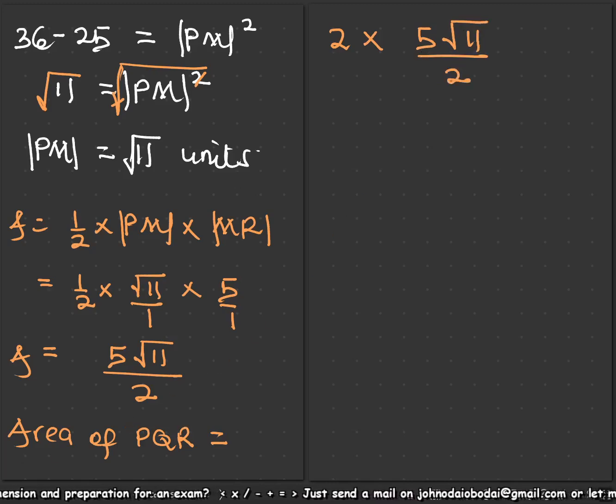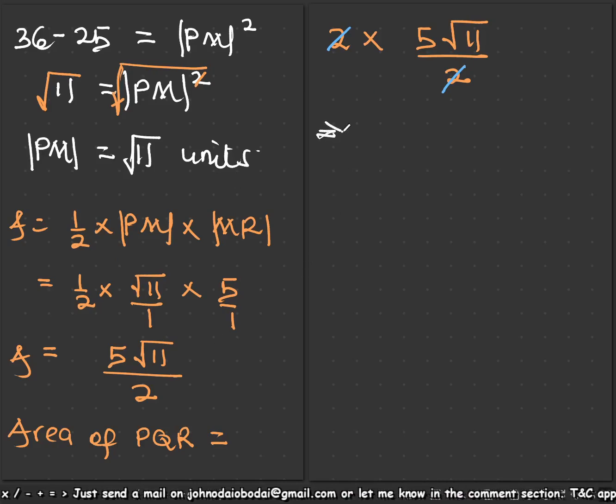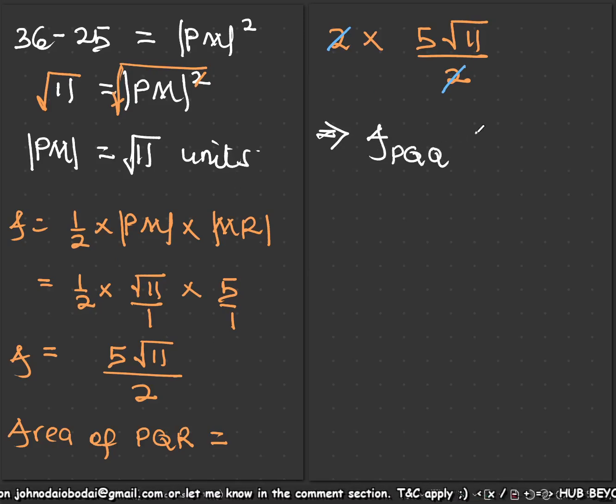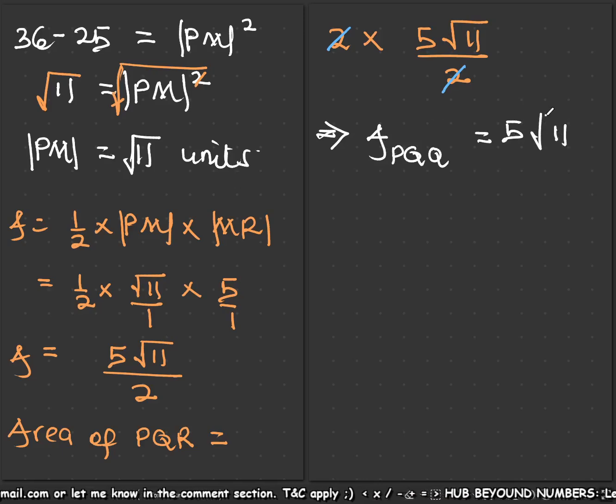You see? And if you have to simplify, we know this 2 here cancels out this 2. So it simply implies that the area of triangle PQR is 5 root 11. And that is just it. Right? That is just it.